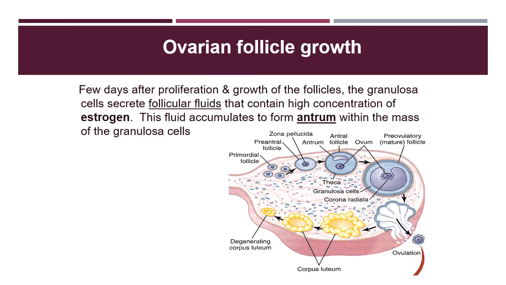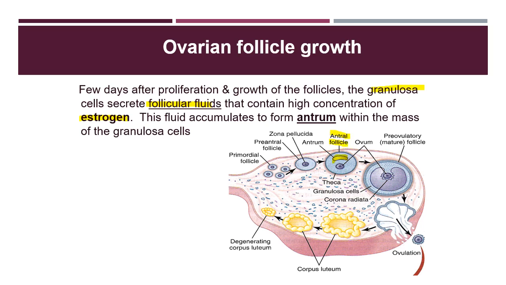After a few days of proliferation and growth of the primary follicles, the granulosa cells will start secreting follicular fluid that contains high concentrations of estrogen, and this fluid will accumulate to form the antrum, and this is what we call the antral follicle.